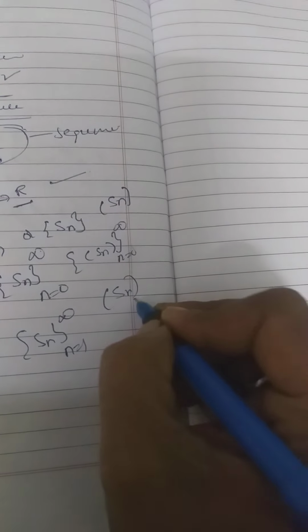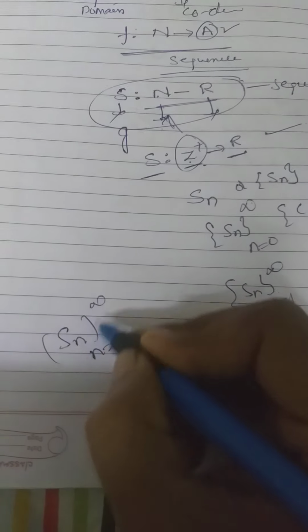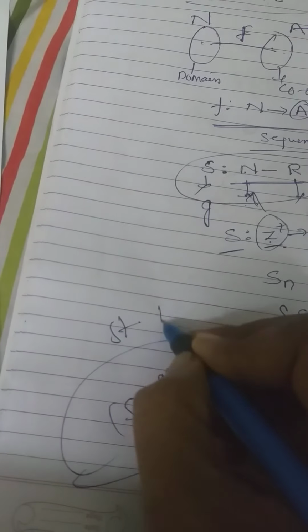So n runs from 0 to infinity, sometimes n from 1 to infinity. Now the standard definition is S_n, n running from 1 to infinity. This is the standard notation of a sequence, right?